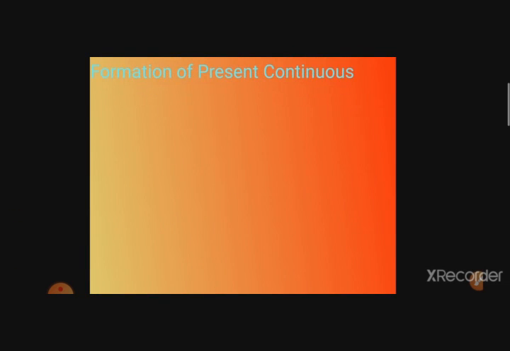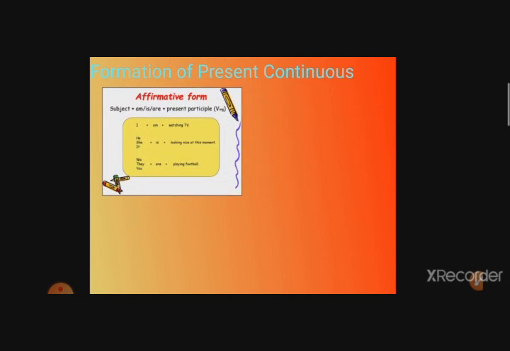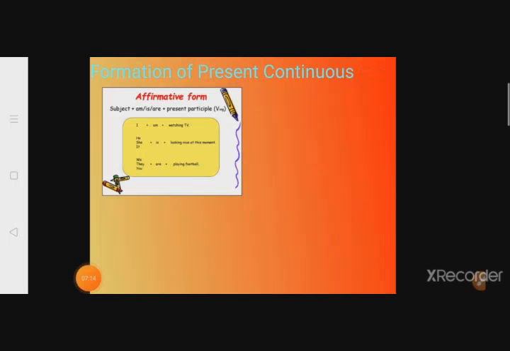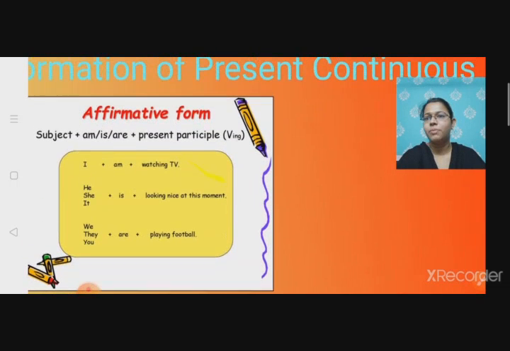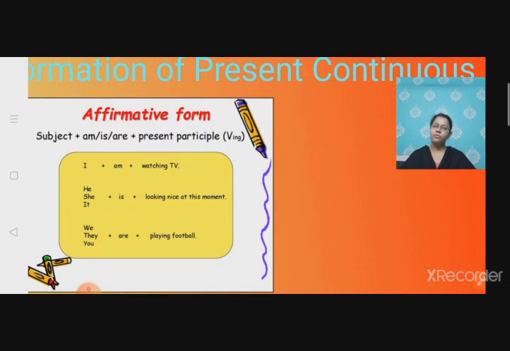So let's see the formation of present continuous tense for affirmative sentences, that means positive sentences. So students, here you can see the formation of affirmative sentences. How are we going to form the present continuous tense for an affirmative sentence?